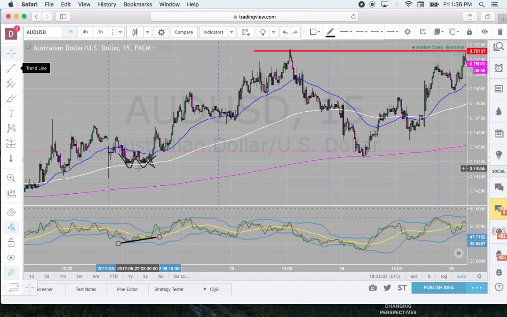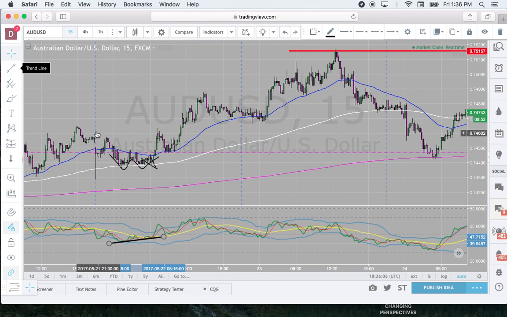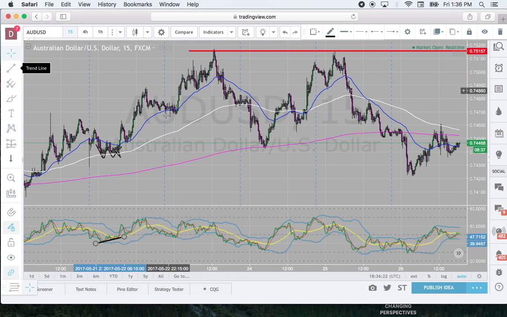Like, there will be some times where price looks like it's going down, but yet on the TDI, the indicator says it's going up. So it's helpful to see when price is lying to us in this type of circumstance.